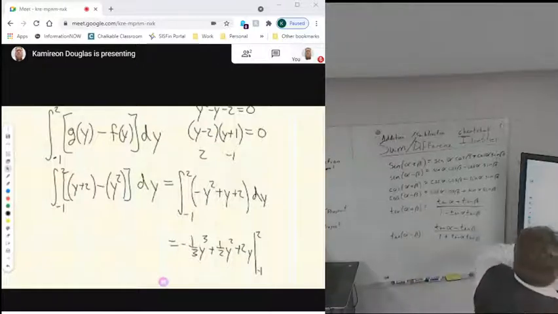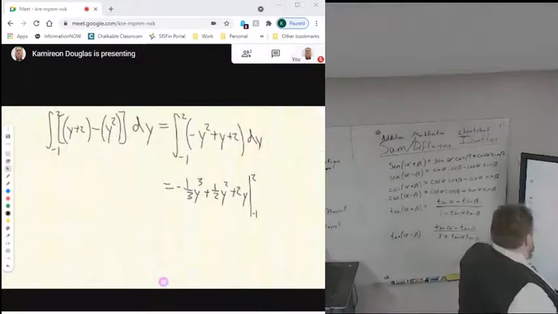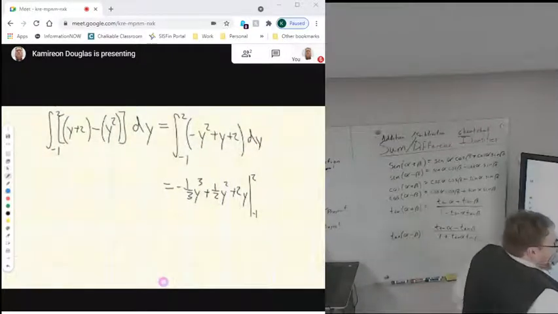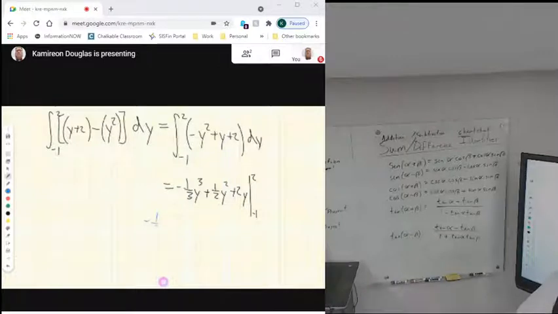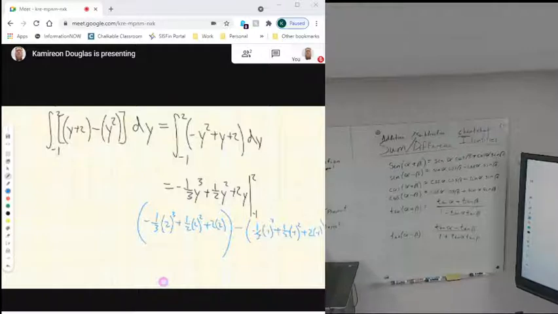Here we go. So I plug in 2: negative 1/3 times 2 cubed, plus 1/2 times 2 squared, plus 2 times 2, minus negative 1/3 times negative 1 cubed, plus 1/2 times negative 1 squared, plus 2 times negative 1.